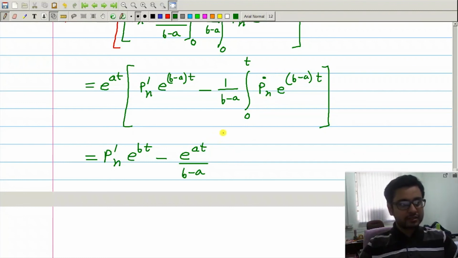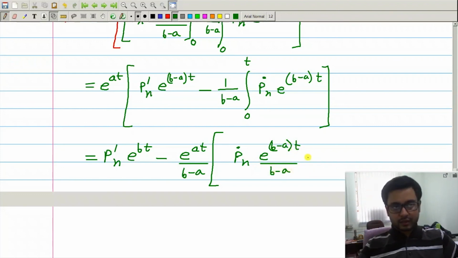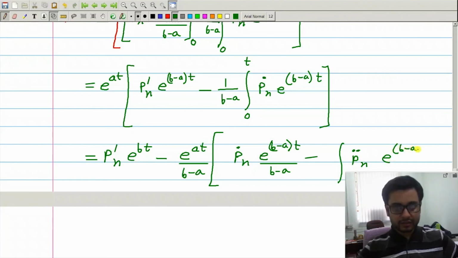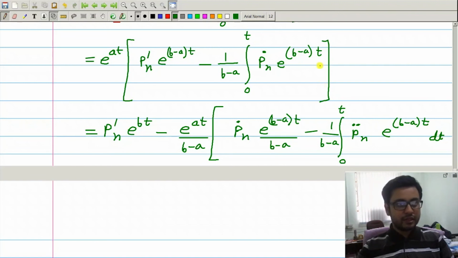So if I do that, take this as your first term, so you will have the first term times the integration of the second, minus the integration of the derivative of this, which will become P double dot n, and then this term, let me write (b minus a) outside, dt, here also dt.